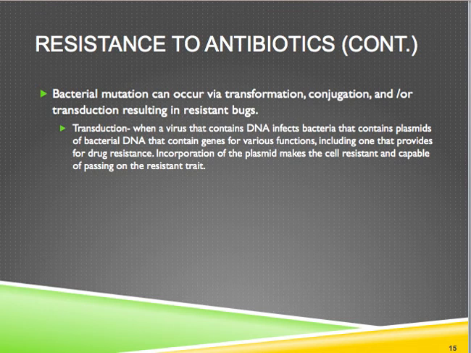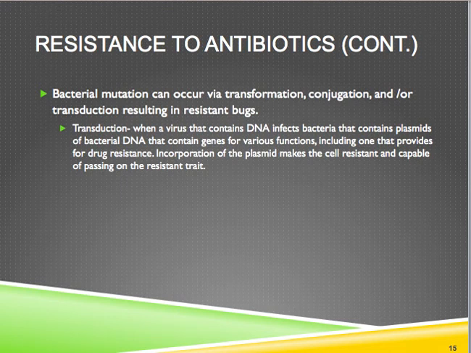Bacterial mutation can occur via transformation, conjugation, and or transduction, which results in resistant bugs. Transduction is when a virus that contains DNA infects bacteria that contains plasmids of bacterial DNA that contain genes for various functions, including one that provides for drug resistance.